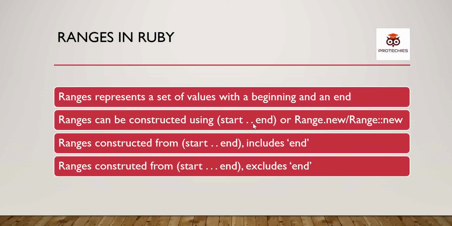And if you use three dots, then the end value is not included in the range. The end value will be the end value minus one. So if you use two dots A to Z, then the output you will get is from A to Z. And if you use three dots in between, you will only get from A to Y.